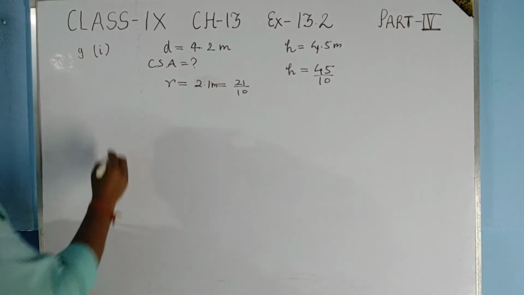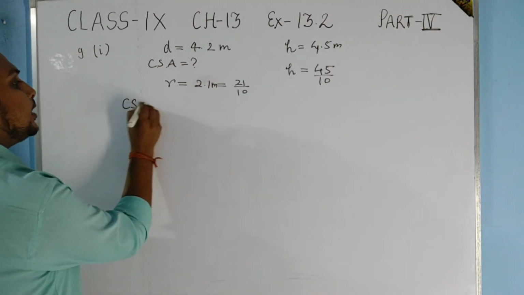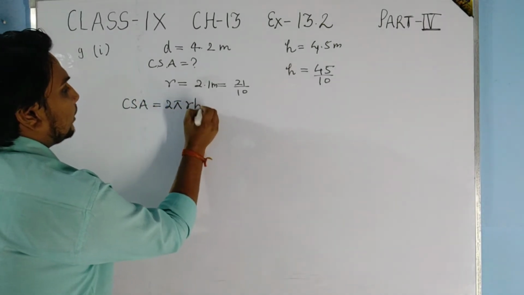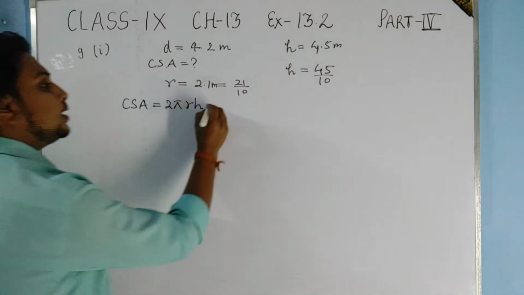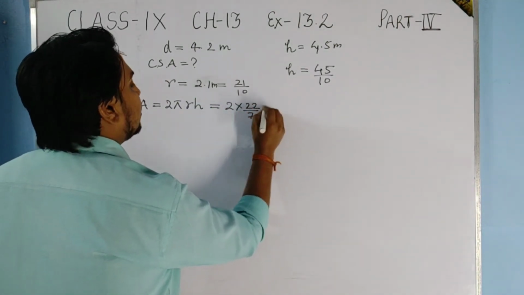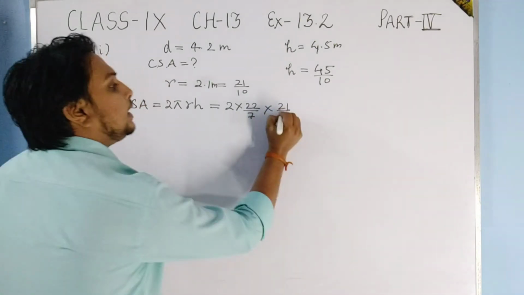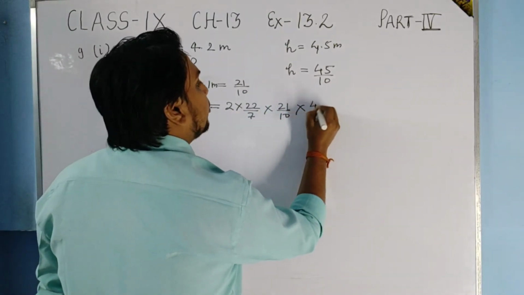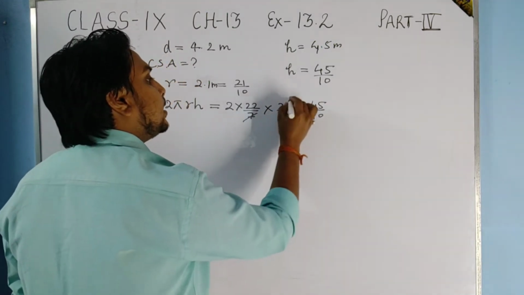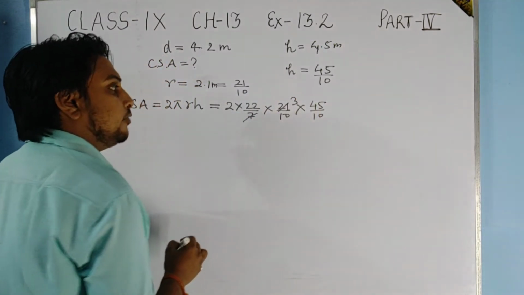Now if we want to find the curved surface area, we have to apply the formula 2 pi r h. So it is 2 into 22 by 7, r is 21 by 10, and h is 45 by 10. Here you can see that 7 threes are 21.